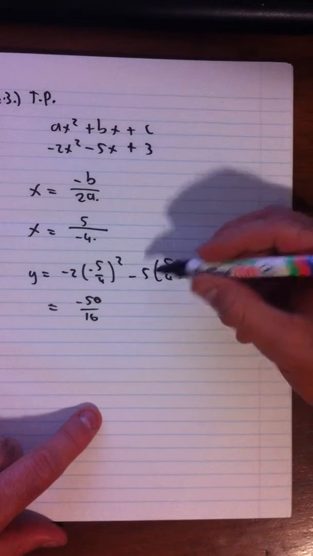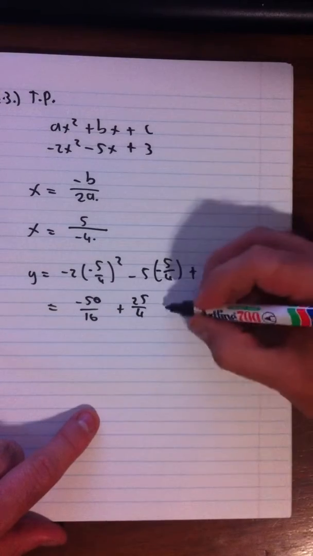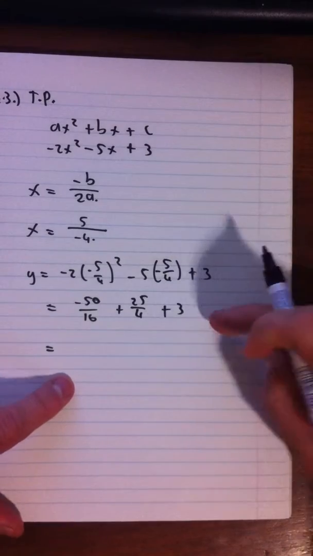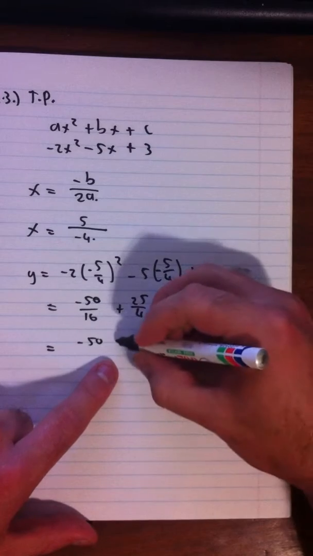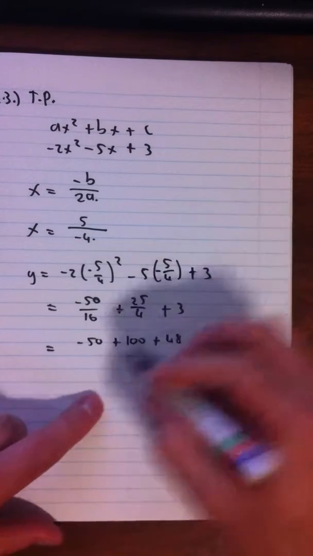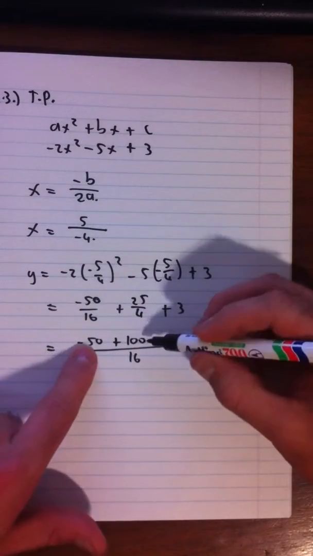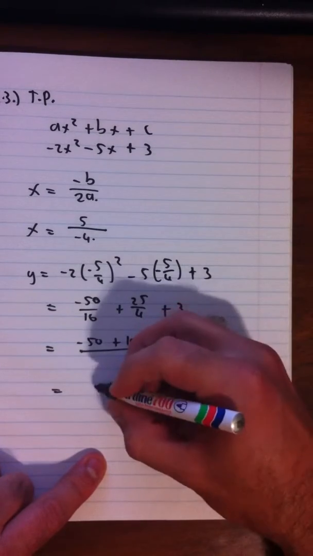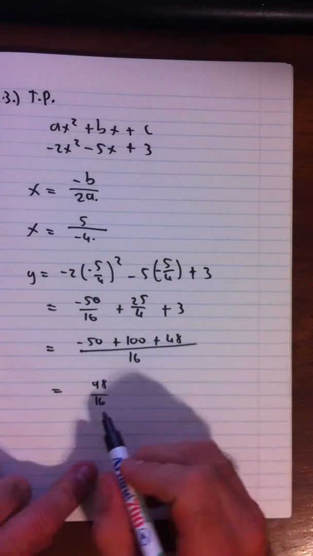Negative 5 over 4 times -5 is positive 25 over 4, and plus 3. You can work that on your calculator, or what I do in fractions, just get it over the same denominator. -50 plus 100 plus 48 over 16, which gives us -50 plus 100 is 50, plus 48 is 98 over 16. That's your y value of the turning point.